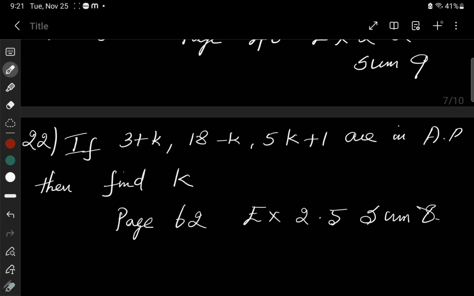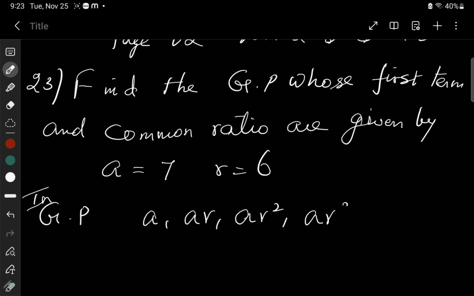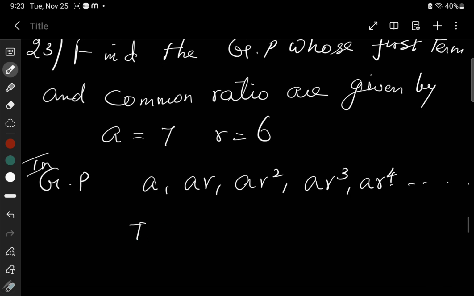Sum number 8. Find a geometric progression whose first term and common ratio are given. Here in the GP, A is given as 7 and R is 6. The geometric progression sequence is A, AR, AR squared, AR cube, AR power 4 and so on. Here A is 7, the first term is 7. AR is 7 into 6, which is 42.